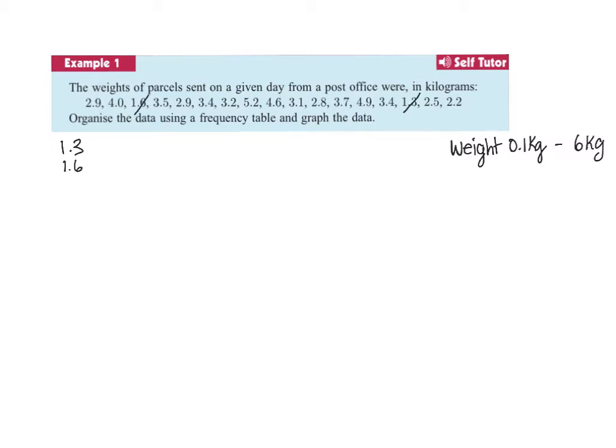Any other in the ones? Scrolling through, no, so let's go to twos. We have 2.2 and 2.5, 2.5, we have 2.8, and then we have 2.9 and 2.9.